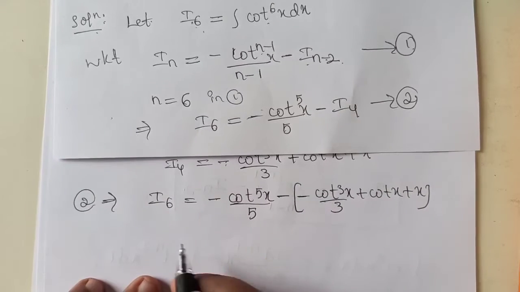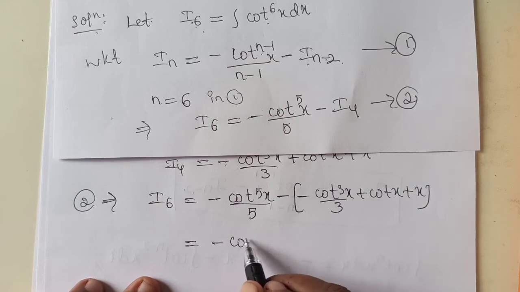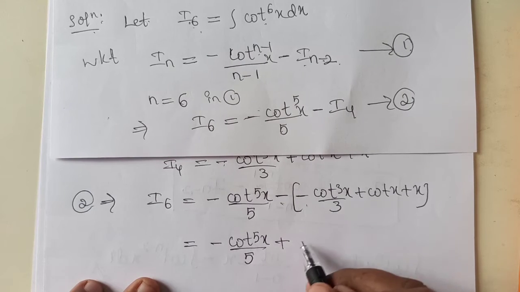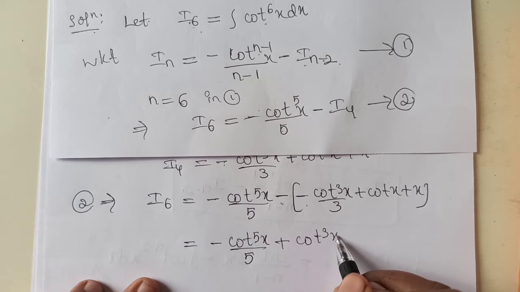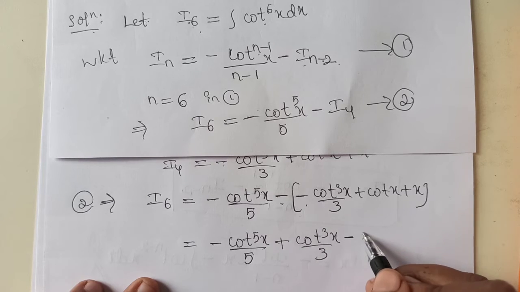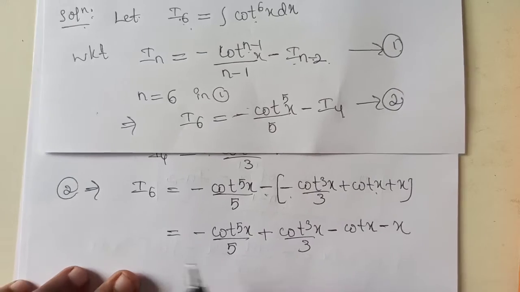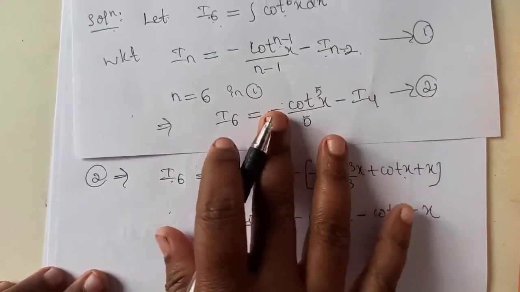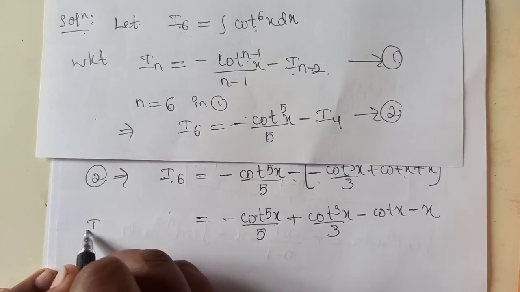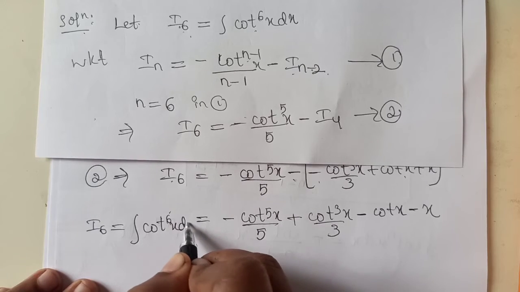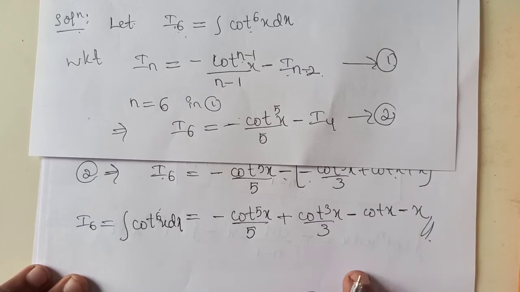Further simplifying, we get minus cot power 5x divided by 5 plus cot cube x divided by 3 minus cot x plus x. So this is the required I_6 value, that is integration cot power 6x dx. So this is the final answer.